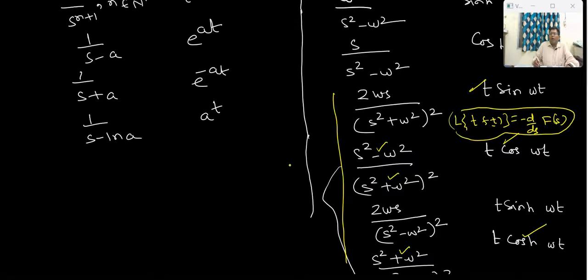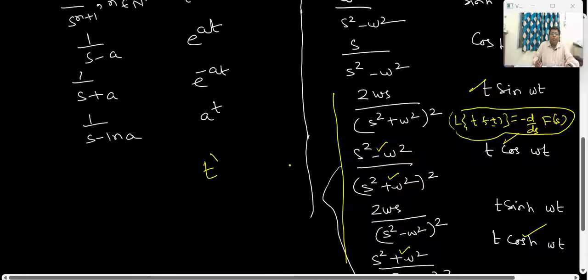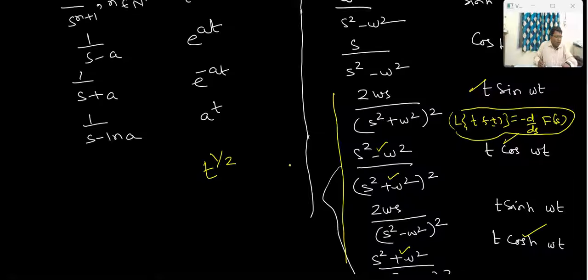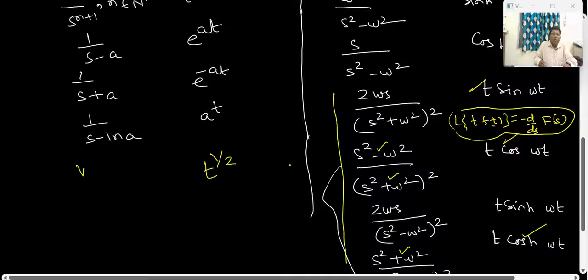Okay. So at this juncture, let me also remind you what is the Laplace transformation of root over t, you know, right? Already you got it. If it is t to the power half, then it will be root pi divided by 2 s to the power 3 by 2, right?